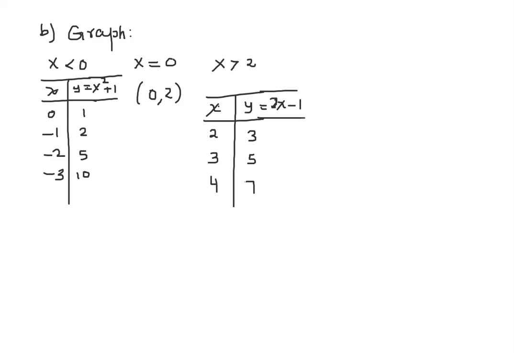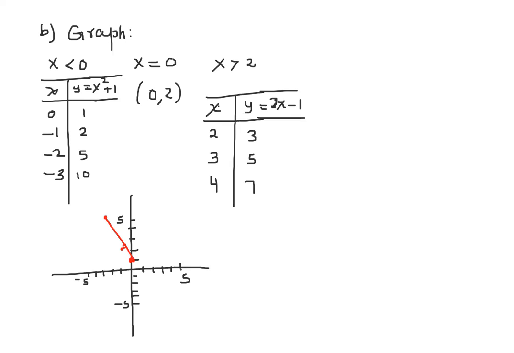Okay, so we're going to graph this. So let's first graph the 0, 1, -1, 2, -2, 5. So it goes like this.